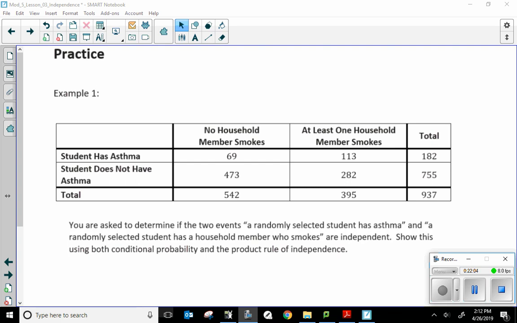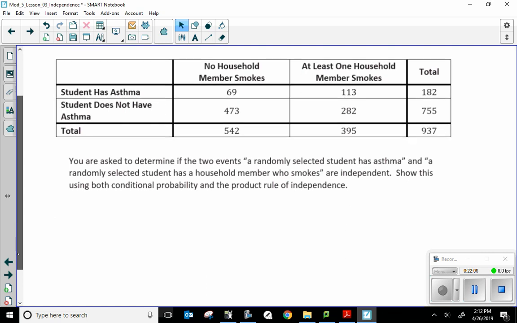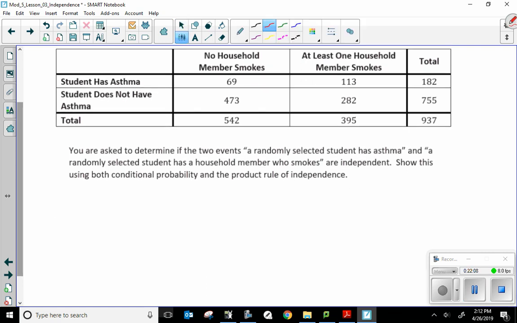And the 2 things, let's first do conditional probability. That means the probability a student has asthma, I'll call that A, given, that's the condition, that they live with a household member who smokes.